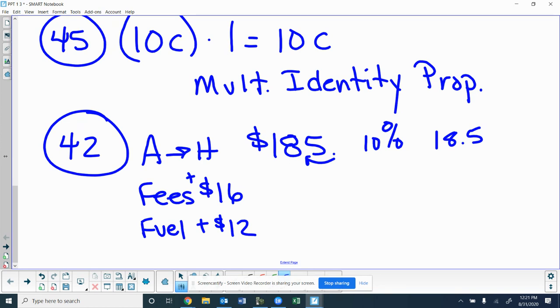So then I need 4 of those, right? So you can do 4 times 18. 4 times 5 is 20, right? And then 4 times 8 is 32, and carry. I try to do it in my head and write it down at the same time.